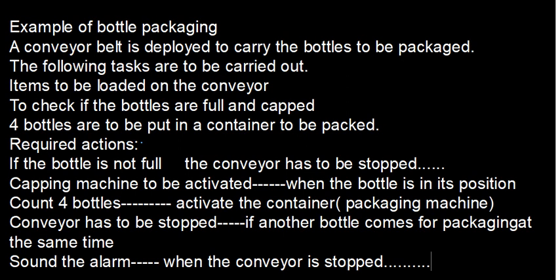Accordingly, you will have to draw the basic diagram of this particular case. Then we will try to earmark the different input devices, different sensors and different output devices. After that we will try to draw the ladder diagram followed by the instructions.